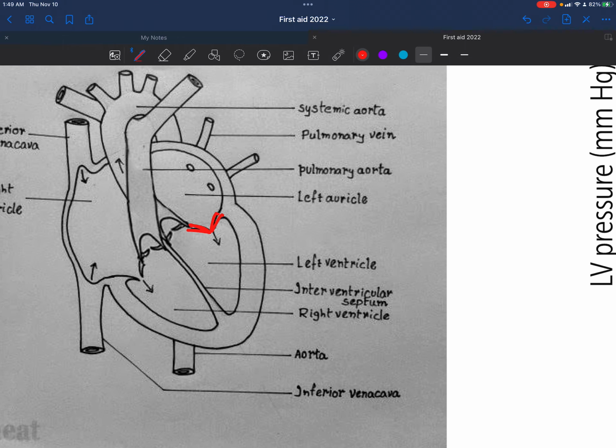This mitral valve is not opening easily because it's narrowed, so it's not allowing the blood to flow freely through it from the left atrium into the left ventricle because it's stenosed. So we can imagine that the left atrium is having a hard time pushing the blood through the stenosed mitral valve into the left ventricle.